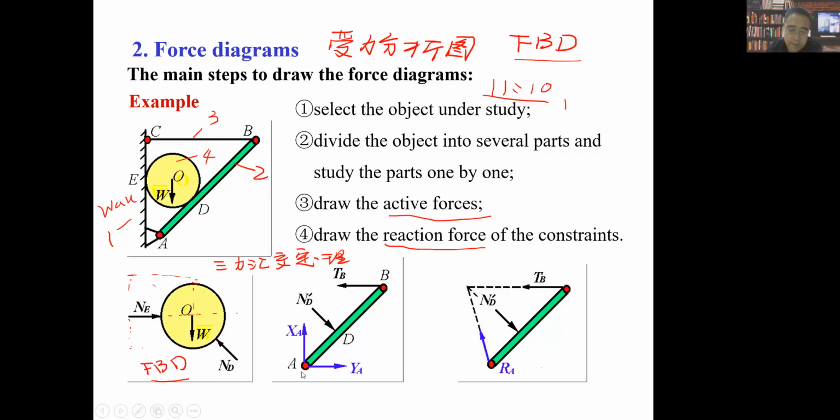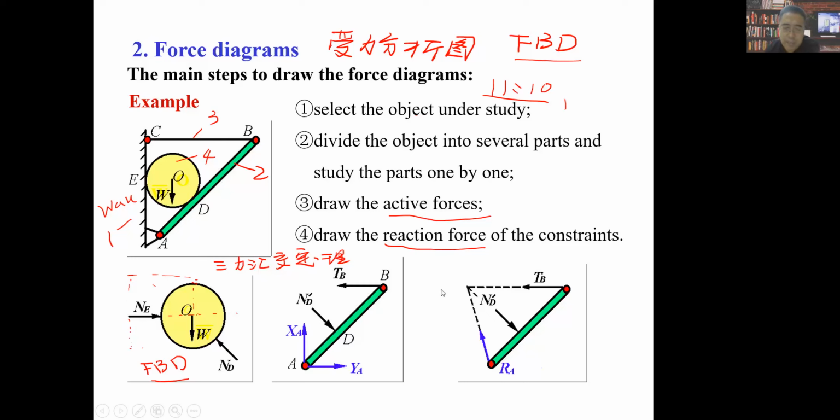Then when we replace XA, YA with RA, we can once again use this so-called 三力会交定理, right? Because this AB is another body with only three forces acting on it in equilibrium. Then all three forces must intersect at one common point.